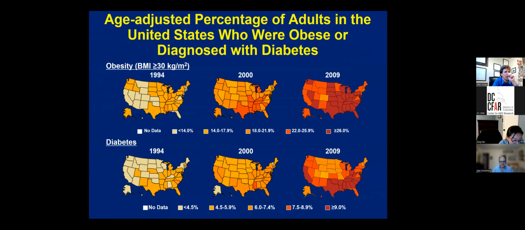And this is in the US, and you can see over time the population is getting obese, and the diabetes prevalence is getting higher. The color gets darker, and there is an area difference, like in the south or east, it's worse.